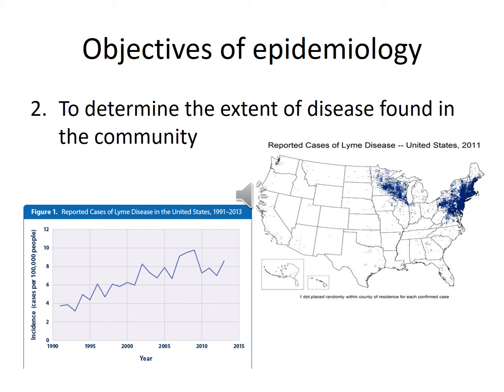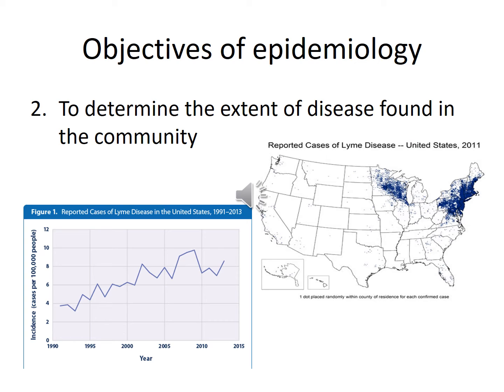The second objective of epidemiology is to determine the extent of disease found in the community. For example, you can see in this slide, what we see here, the first graph is looking at the amount of disease that is found in the United States over several years.